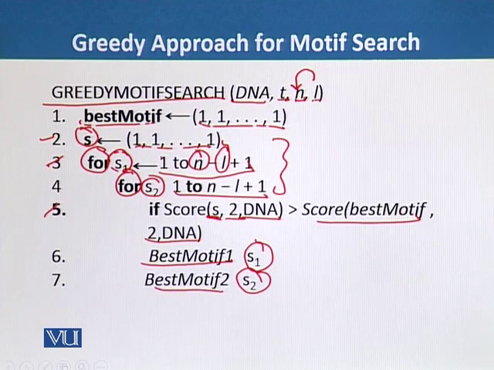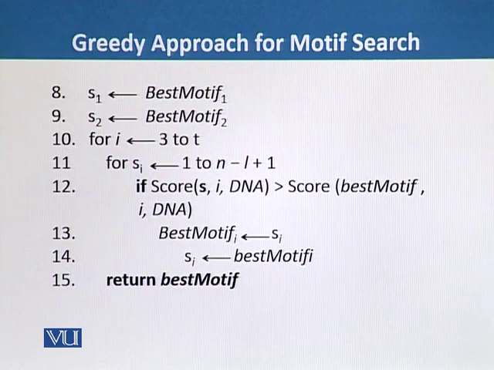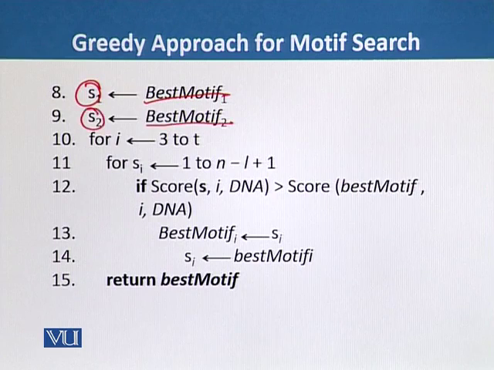It means that we find the best two motifs in the first two DNA sequences.